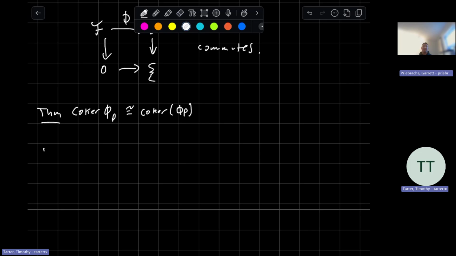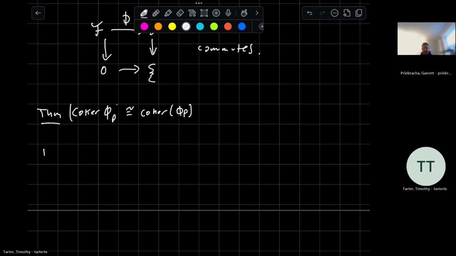Wait. So on the first one, the parentheses are outside the P? Yeah. Okay, that makes more sense now. So there we go.